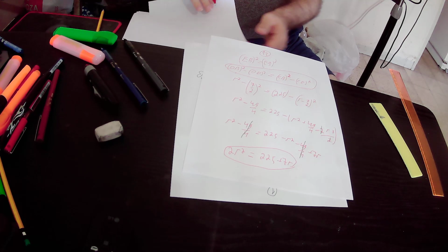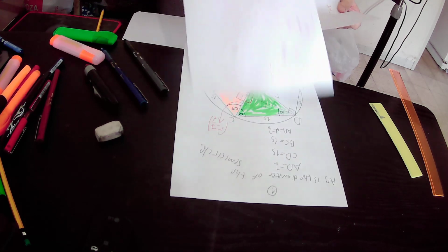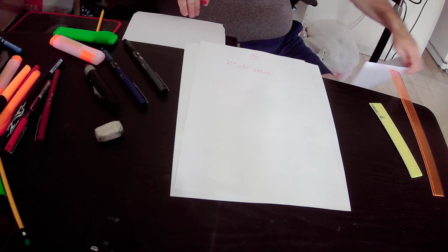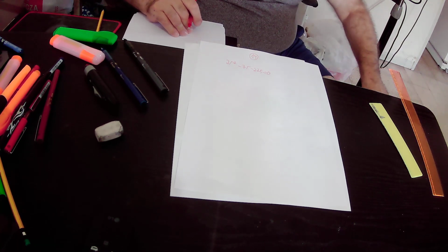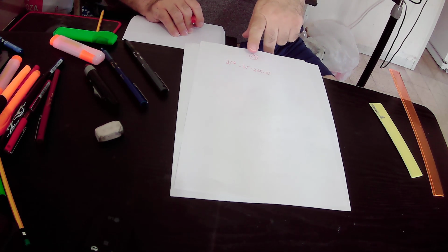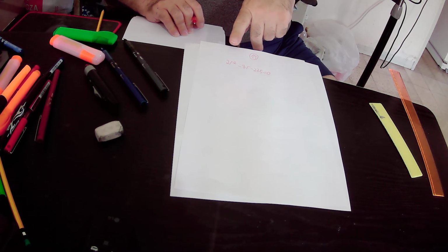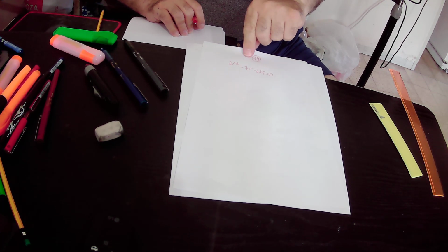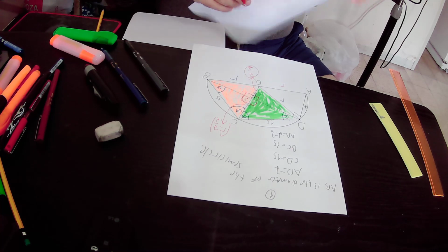So actually we got here a quadratic equation, and the coefficients of this quadratic equation are a equals to 2, b equals to minus 7, and c equals to minus 225. So I write it down.